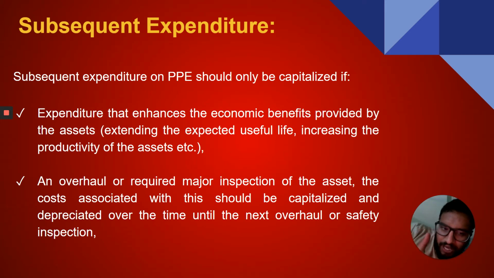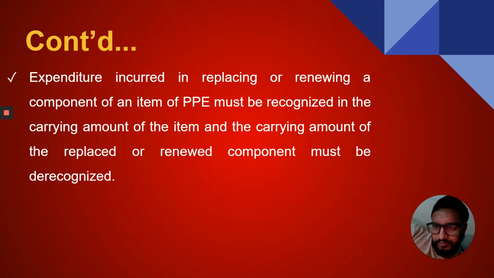By the time that day comes, the value will be nil, okay? In the case of aircraft, mostly it happens with that. It needs an overhaul every 10 or 15 years, some period like that, okay? But all you need to remember is that a separate component will be treated as a separate asset. Just keep that in your mind. You should be good to go.